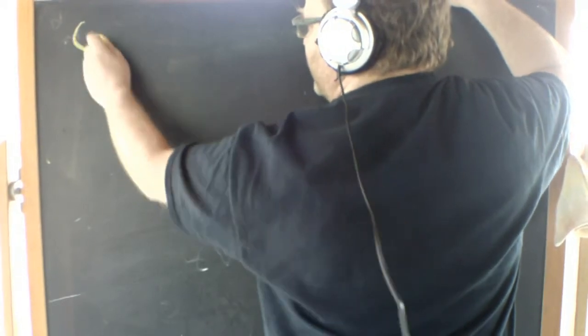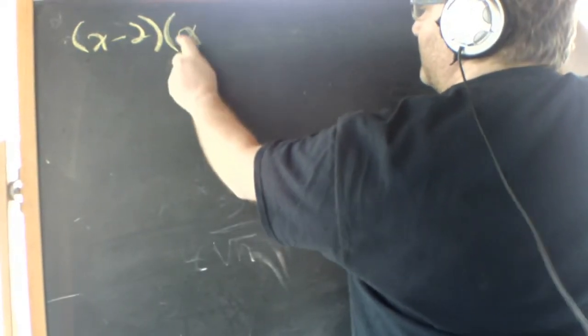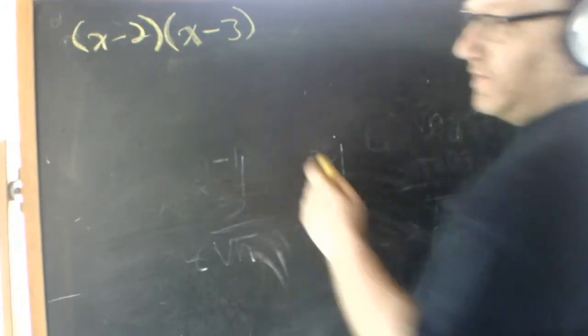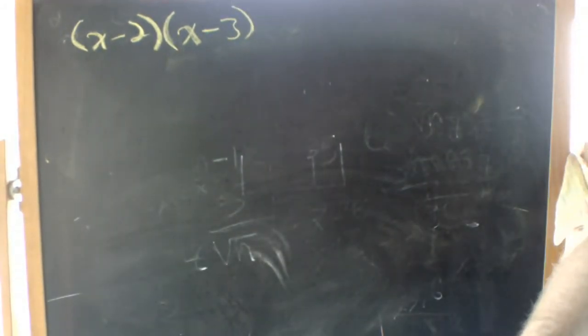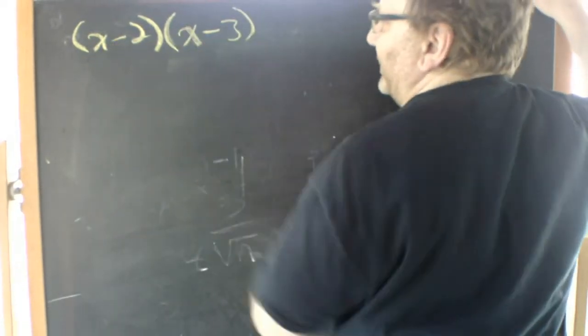So I'll repeat myself and make sure what I'm writing is appearing. We looked at multiplication as working on taking two binomials and getting a trinomial.